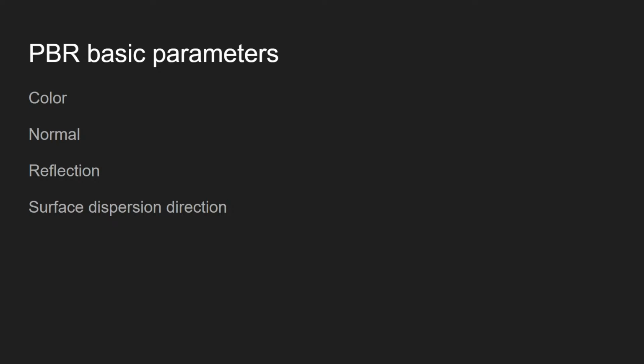There's one parameter that drives the reflection, and maybe the color of the reflection, and one parameter that drives the direction, the dispersion of the surface. It was really hard not to use the words roughness and glossiness for you guys in the last parameters, but more generally, it's the surface dispersion direction.